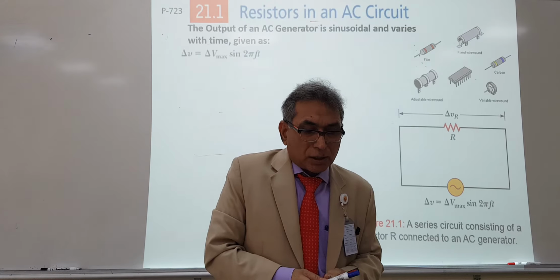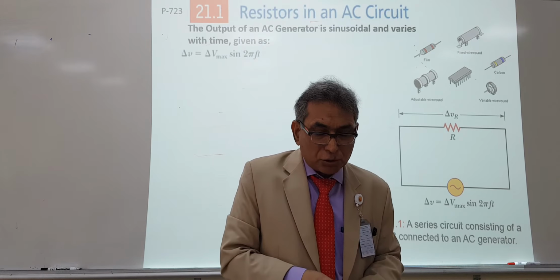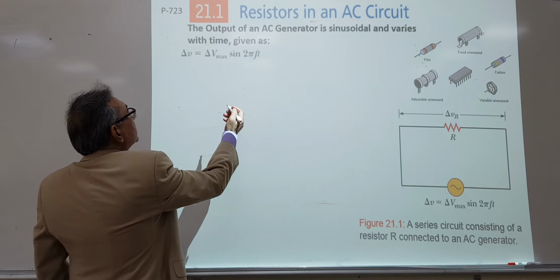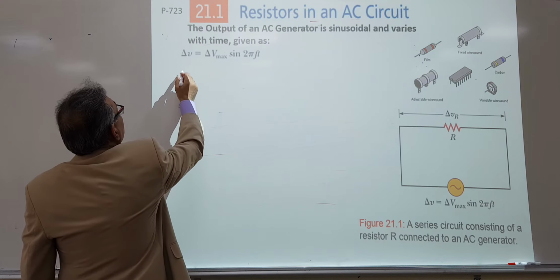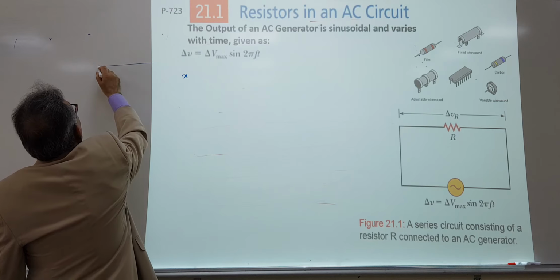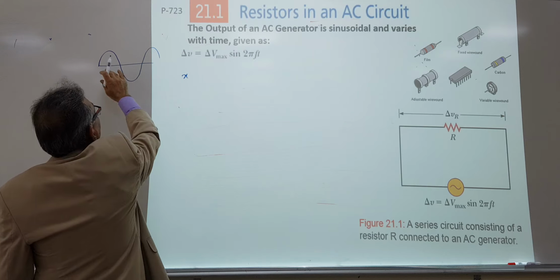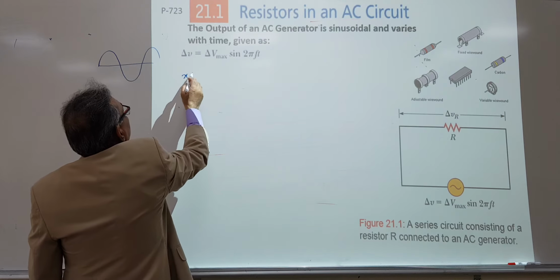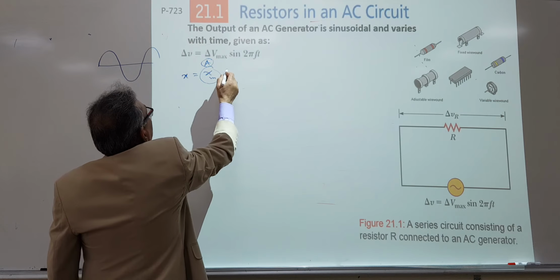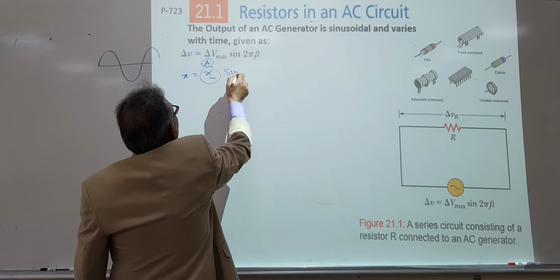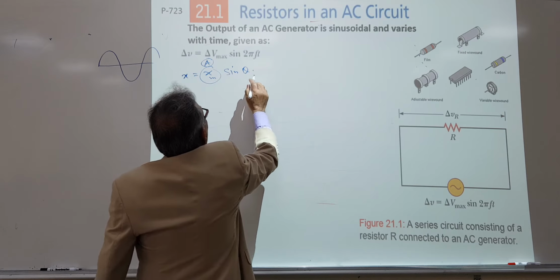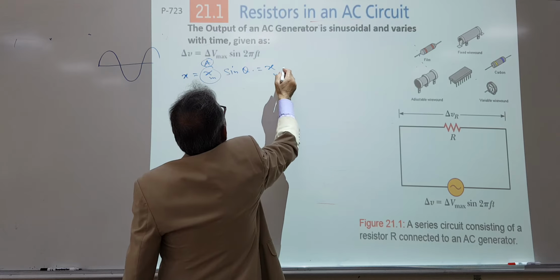Before going into detail, you might have seen in chapter number 13, waves and vibrations, you studied simple harmonic motion, and that was a sinusoidal wave, a sine wave for example, that was equal to xm, which was the amplitude in fact, times sine of theta or sine of omega t.